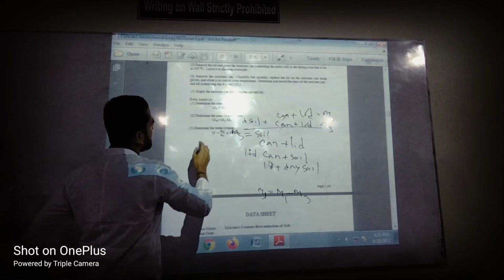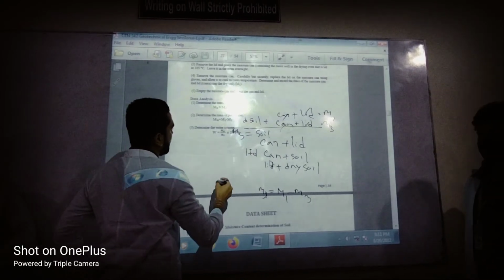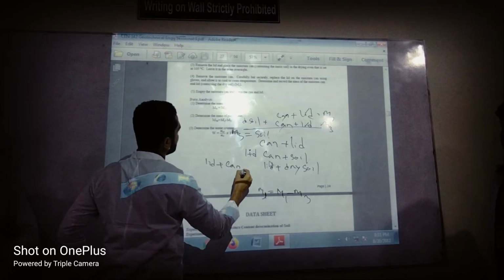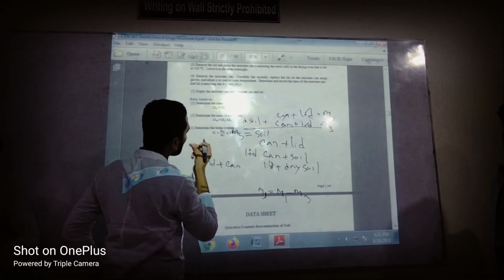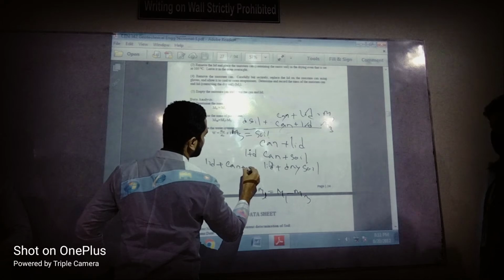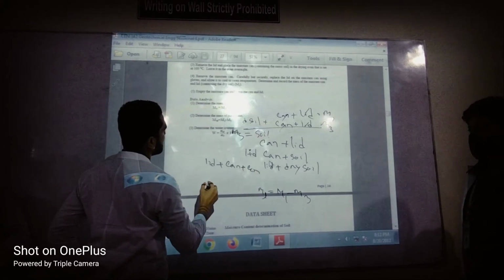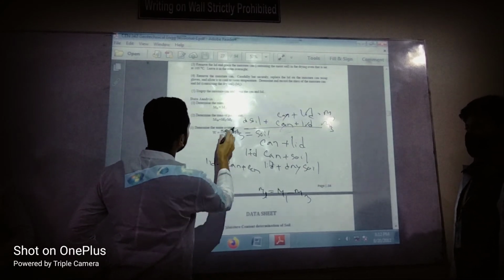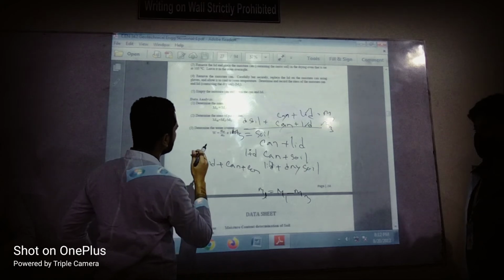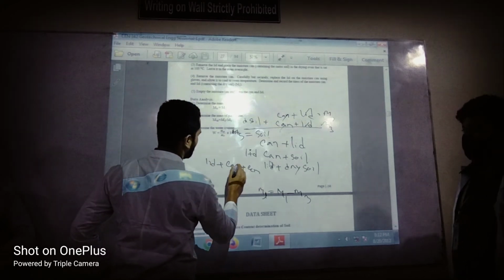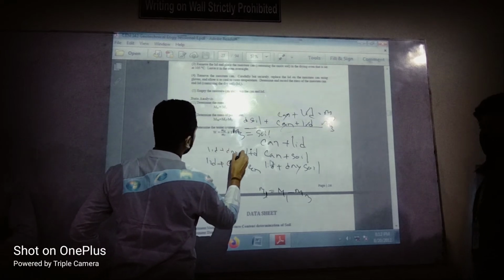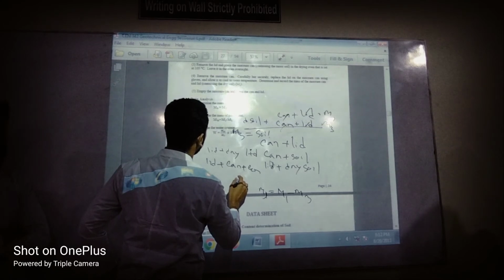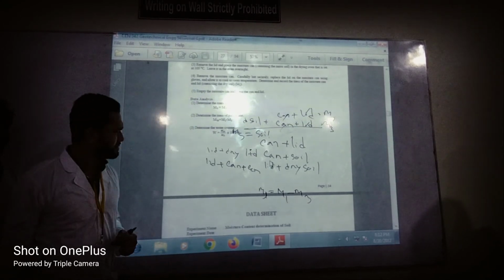The next step is to determine the mass of pore water.